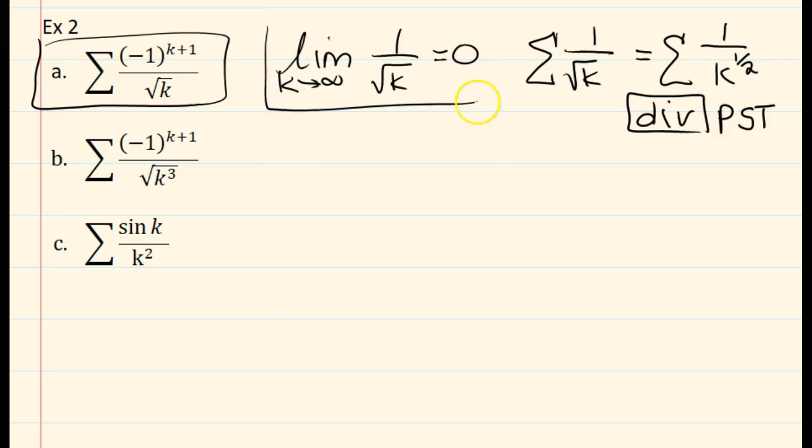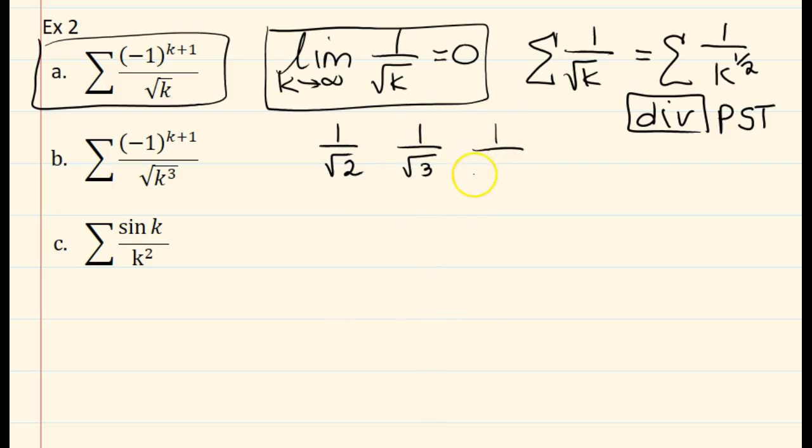But all we need to do now is check that as we go along, the next term is smaller than the previous term, and we can see that they're constantly getting smaller. Because of that, we can conclude that this series converges conditionally by the alternating series test.